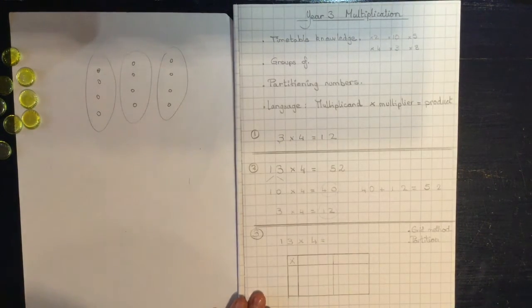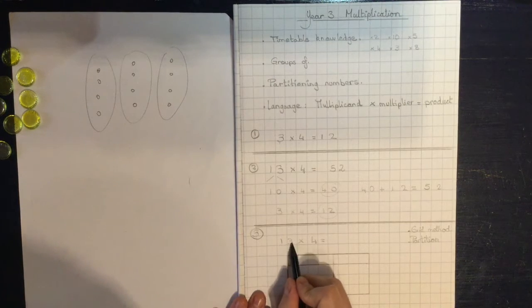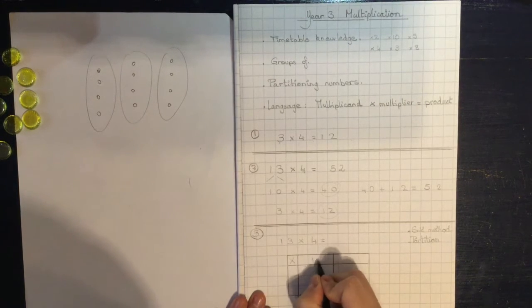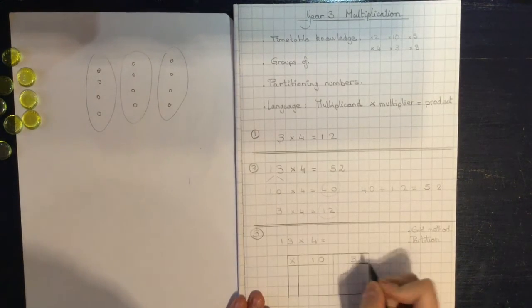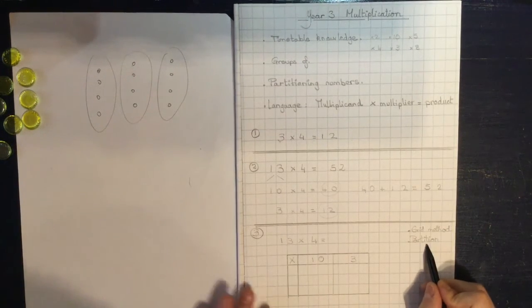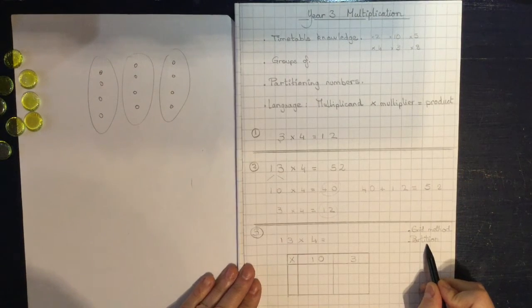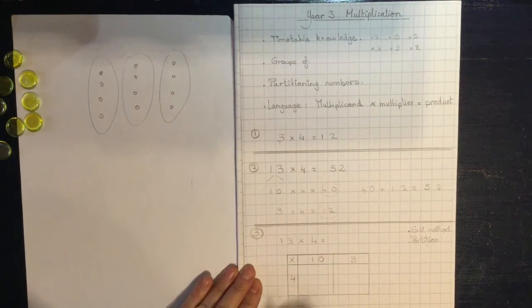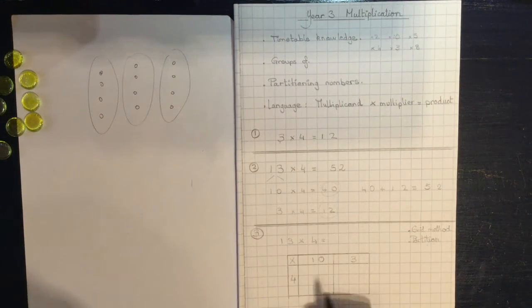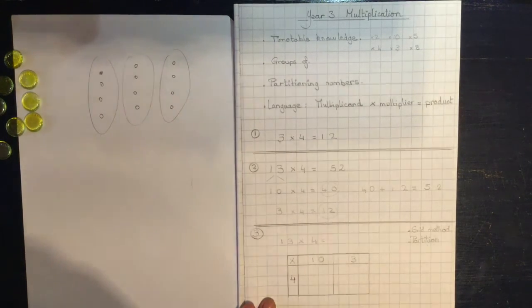This is the operation sign. We have 13, which is made of 10 and 3. So once again, we are partitioning our number into values, and it's times 4. Right, so let's do our partial products.